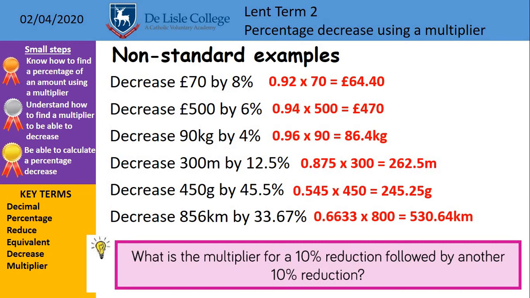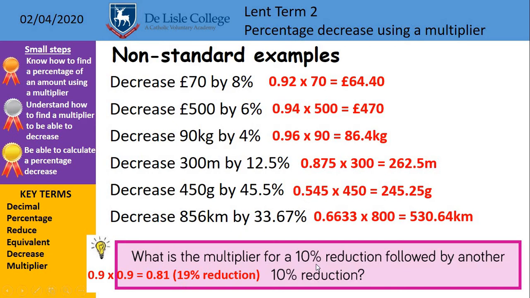So this will be a multiplier of 0.9, followed by another reduction of 10% would mean multiplying by 0.9 again. So a 10% reduction followed by another 10% reduction would give us a multiplier of 0.81.